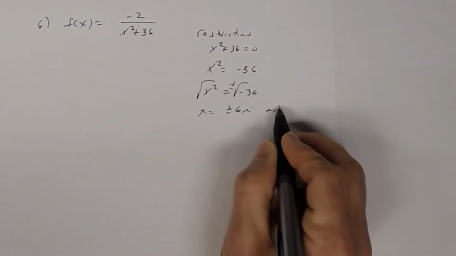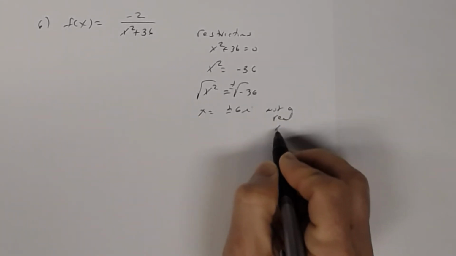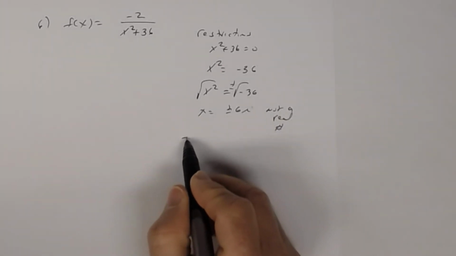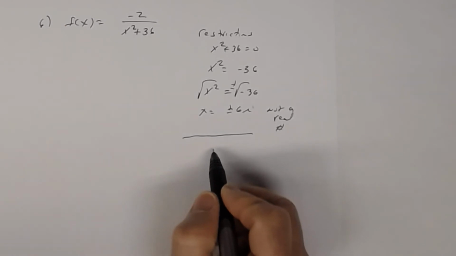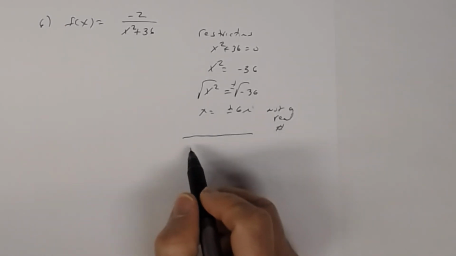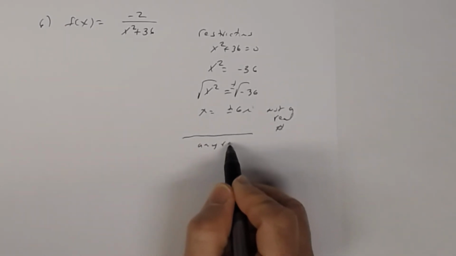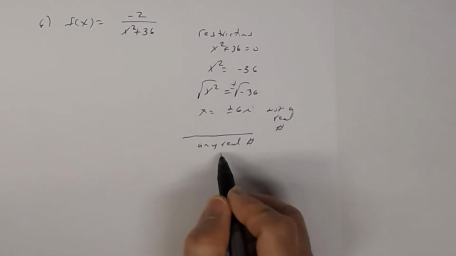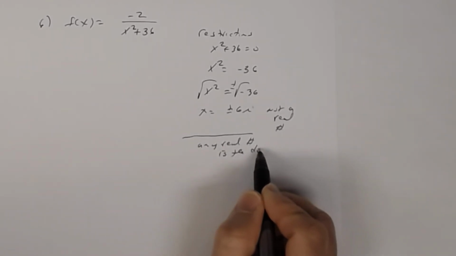That's not a real number, so on the number line, you're not going to put anything there. So the domain is going to be any real number.